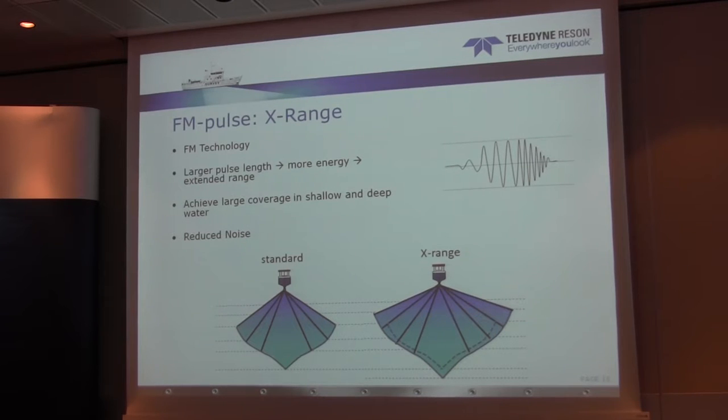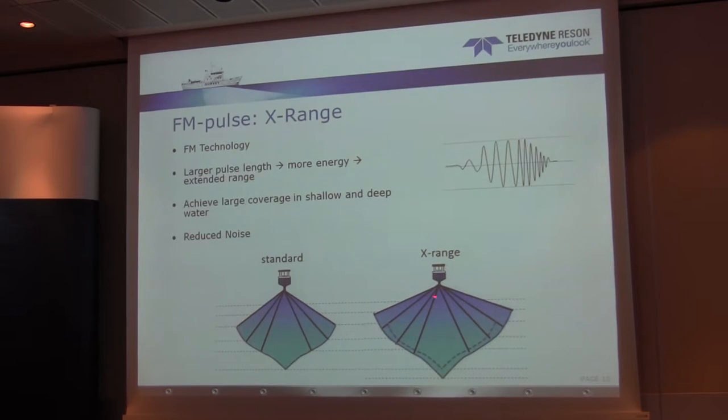With FM, we have a larger pulse, so we have more energy, and therefore you can extend the range. And in order to ensure the resolution, we're doing some clever stuff in the signal processing, so you have better range performance and you hold the resolution. In this case, this would be my standard energy envelope; to go into deeper depth, I would have to start cropping my swath.